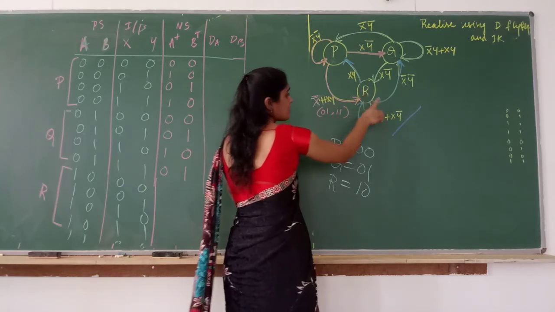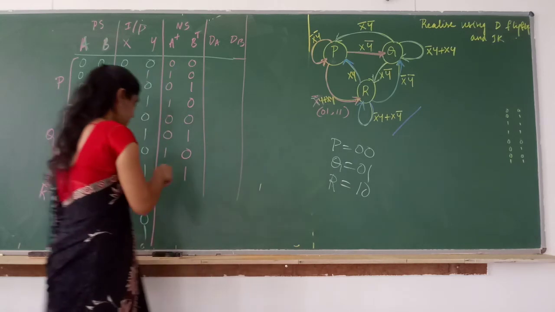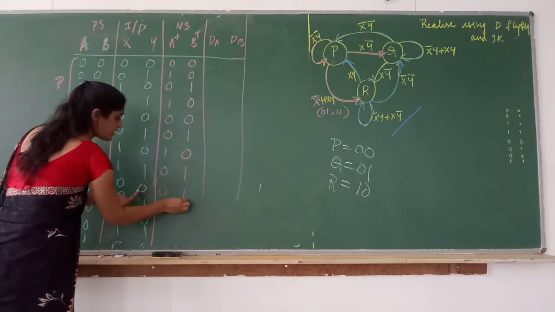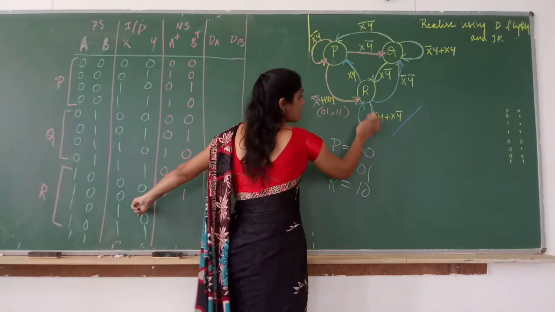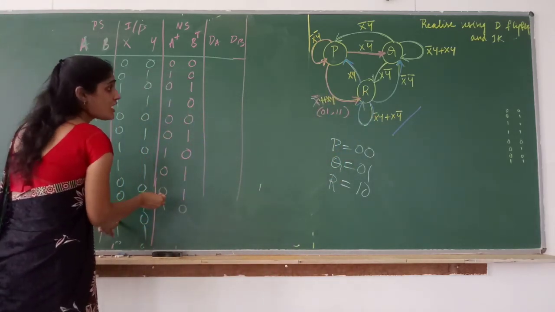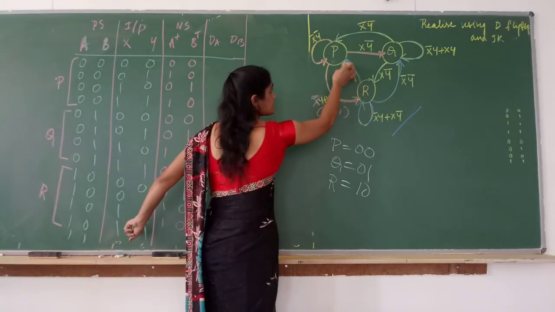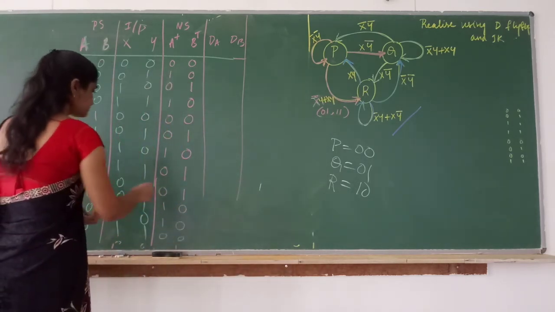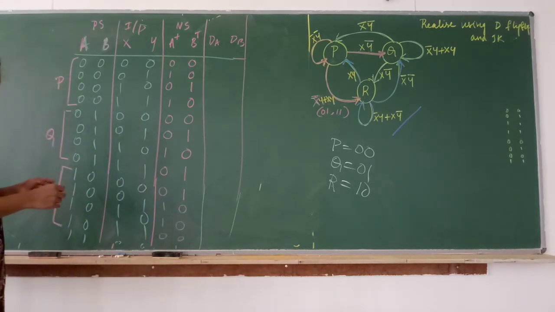If present state is R, when x is 0, y is 0, transition to Q. Q is what? 0, 1. 0, 1, x bar y, same state, R. What is R? 1, 0. 1, 0, again same state, 1, 0. 1, 1, there is a transition to P. P is what? 0, 0. For the remaining 4, it is X, because that state itself is not there.